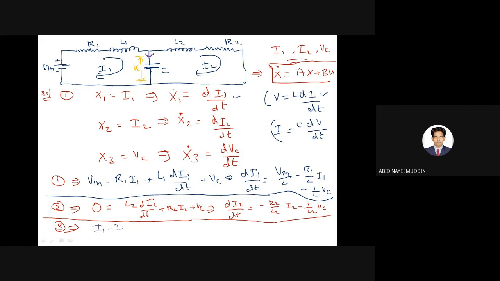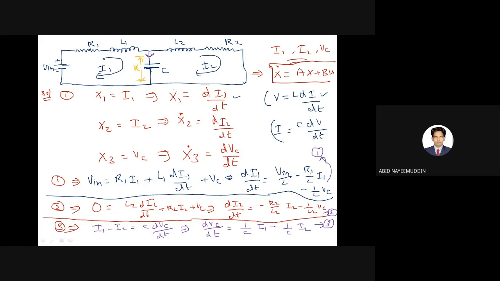I1 minus I2 is equal to C into dVc by dt, so dVc by dt is equal to 1 by C into I1 minus 1 by C into I2. So this is your equation 3, equation 2, and then this is your equation 1.